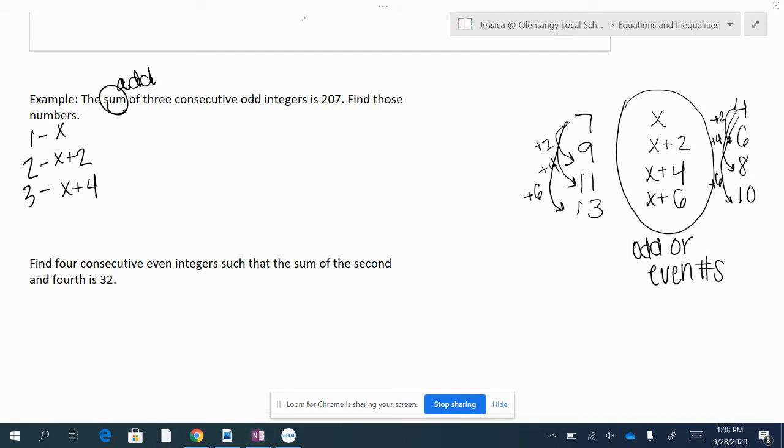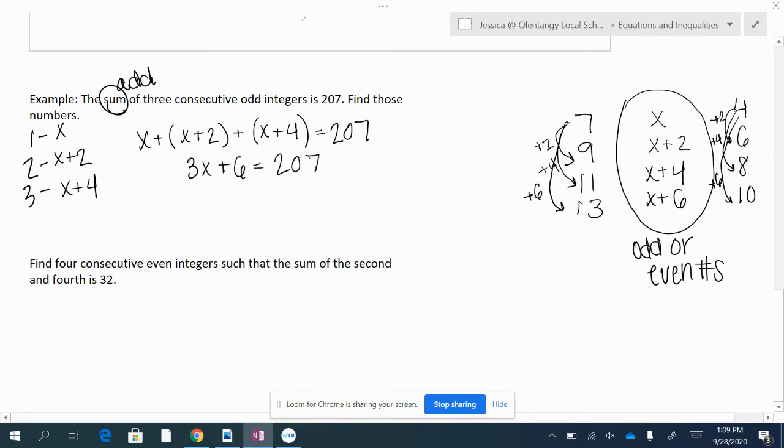So let's go ahead and add those together. x plus x plus 2 plus x plus 4 equals 207. Combine like terms, I have 3x plus 6 equals 207. 3x equals 201, and x equals 67.